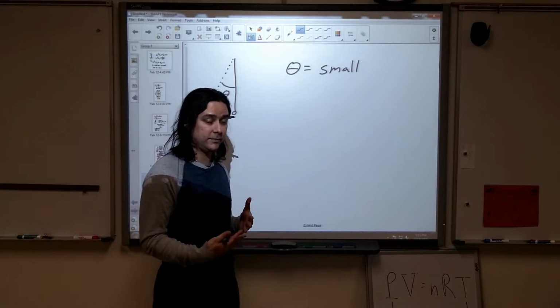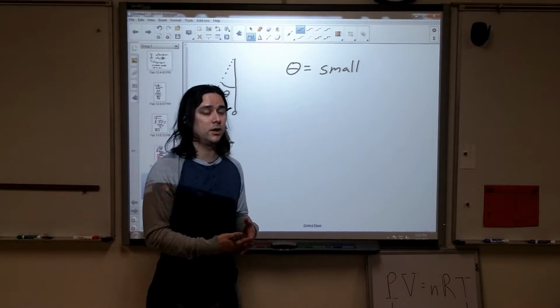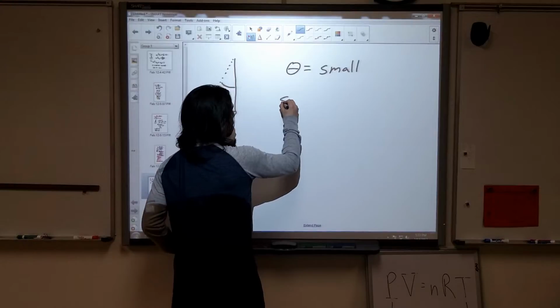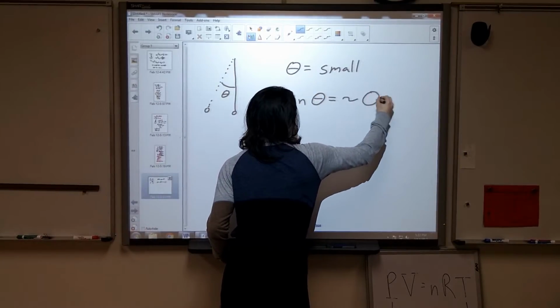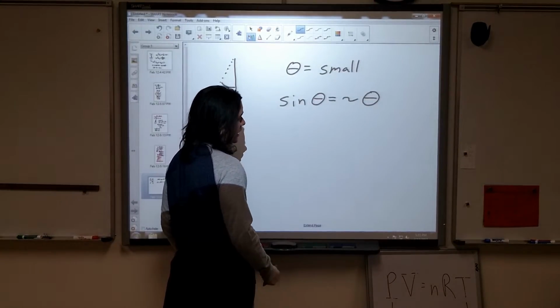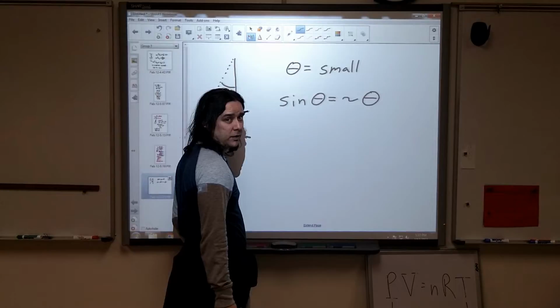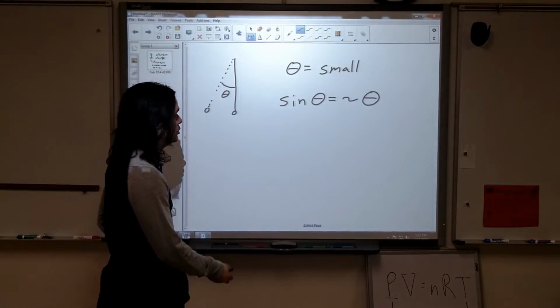But if you take 5 degrees, convert it into radians, and then put that number through a sine of theta, you'll find that you get pretty much theta back out. In fact, for 5 degrees or less, I think it's accurate to 3 or 4 significant figures, which is higher precision than we usually go to.